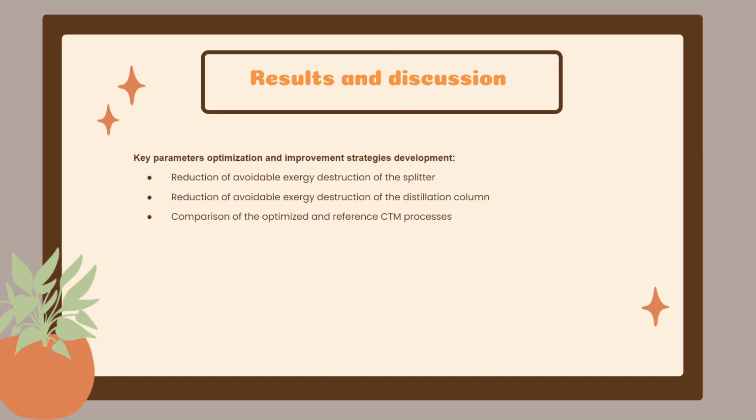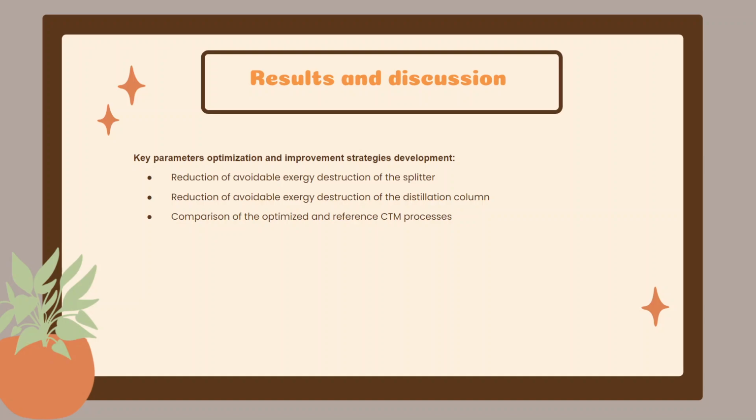This study concentrates on mitigating endogenous avoidable exergy destruction within the CTM process, emphasizing its high proportion compared to exogenous exergy destruction. The primary focus is on diminishing the adverse impact caused by internal components, with particular attention directed towards the splitter and distillation column.